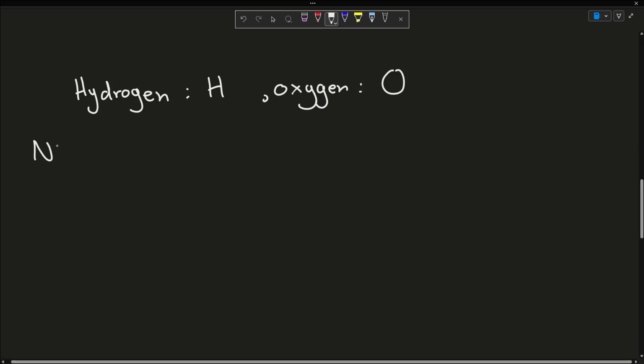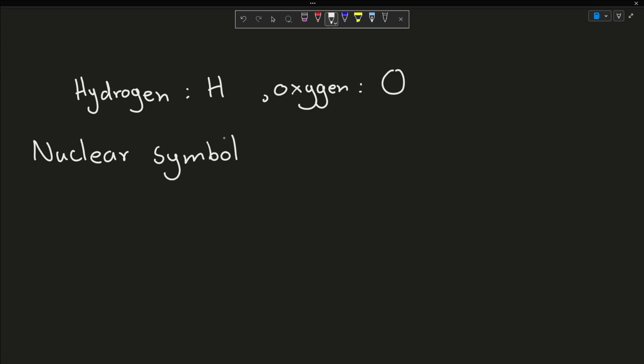now our nuclear symbol notation is a way of representing specific isotopes of an element since it uses the atomic number, mass number, and the symbol of the element. The notation is simple.